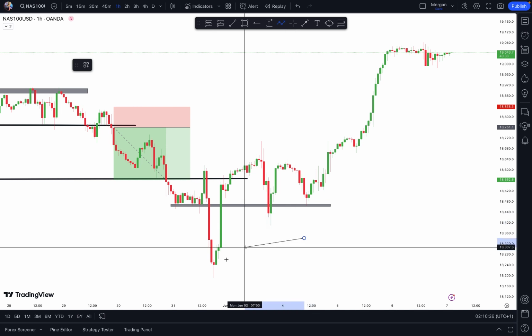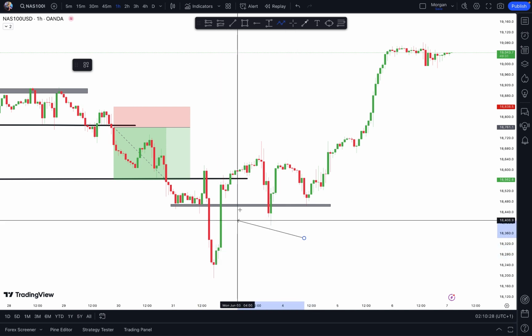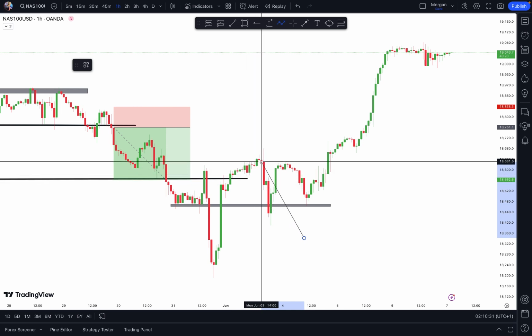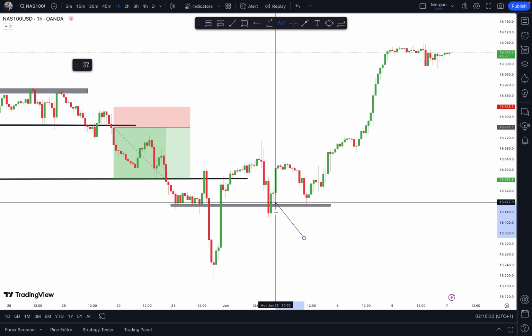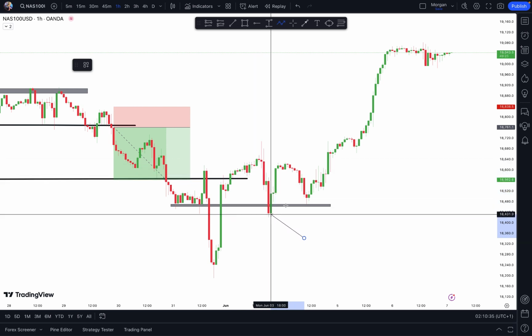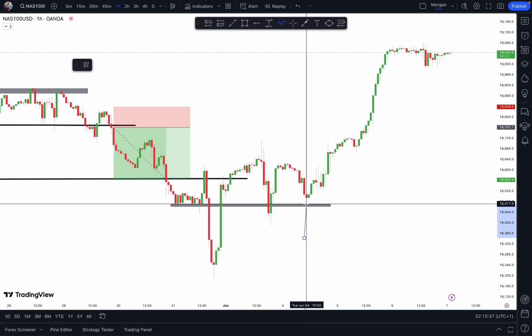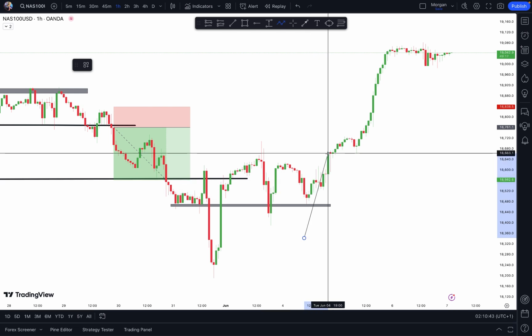So you see that price has already made a low, made a higher high, made a higher low, another higher low. And the only thing that I was waiting to see is if price was going to make a higher high.